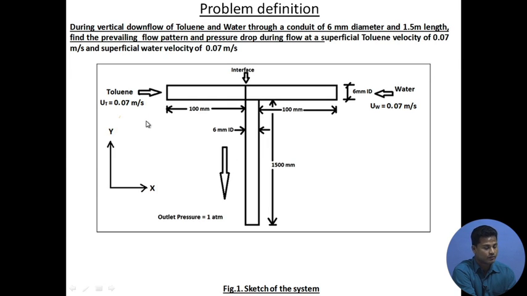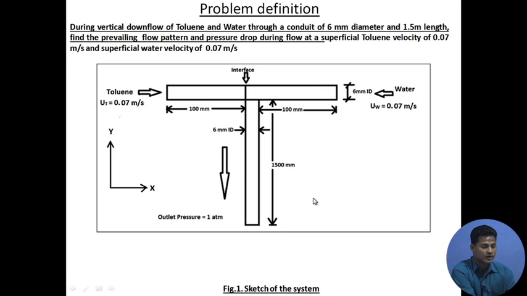Then what I will be demonstrating to all of you today is, with given conditions such as the inlet superficial velocity of toluene, which is 0.07 meter per second, and the inlet superficial velocity of water, the same 0.07 meter per second, and the outlet pressure, in the downflow case my outlet will be this outlet discharge at 1 atmospheric pressure.